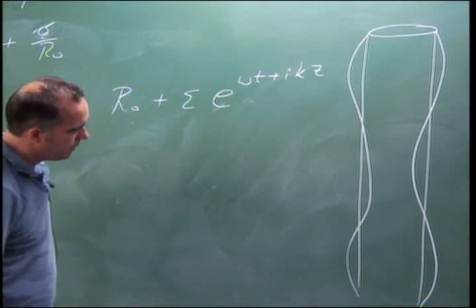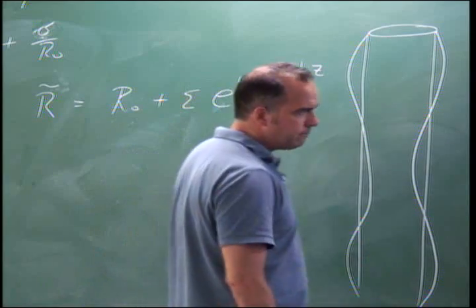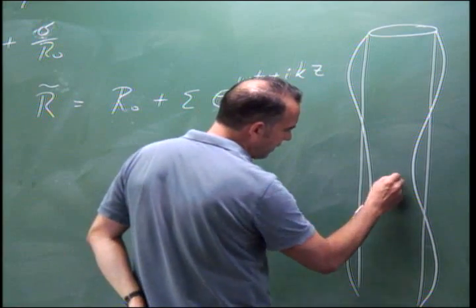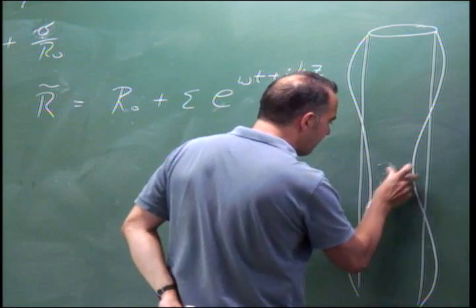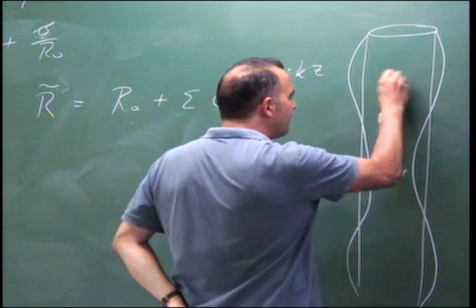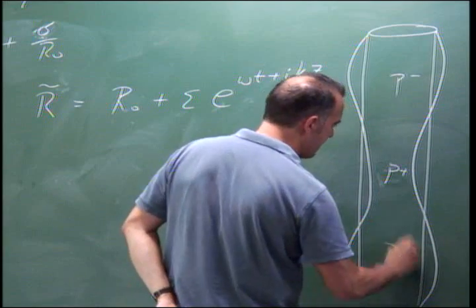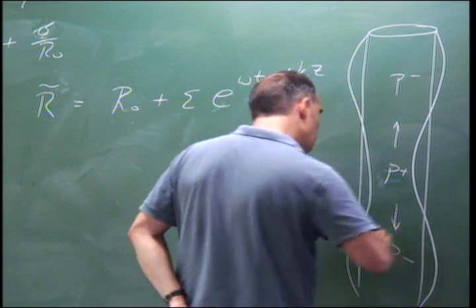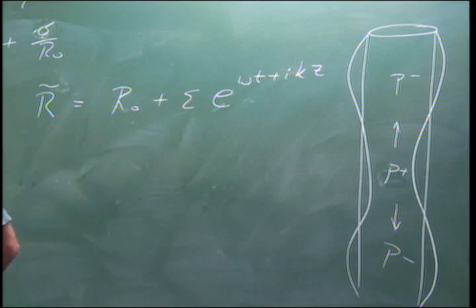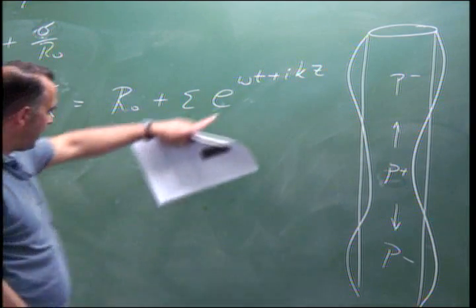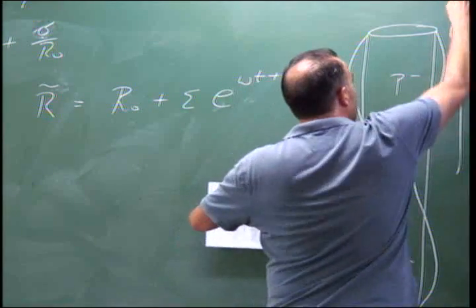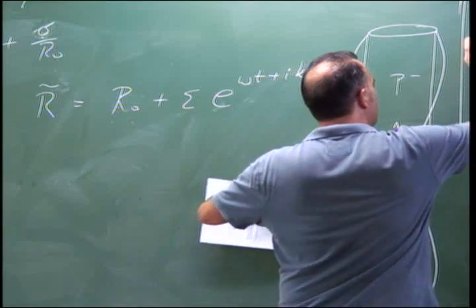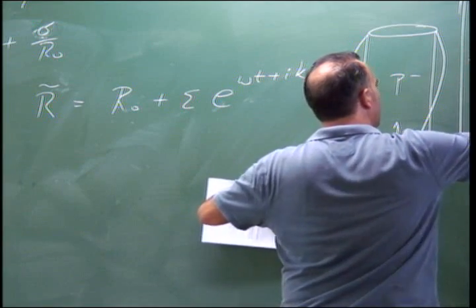And so we've made the argument already. If we put on such a perturbation, we're going to have high pressure here relative to here. And so we expect the instability to grow, but we want to know when it's going to grow. How does that depend on the wavelength? So k here, so the wavelength of disturbance, lambda equals 2 pi over k.